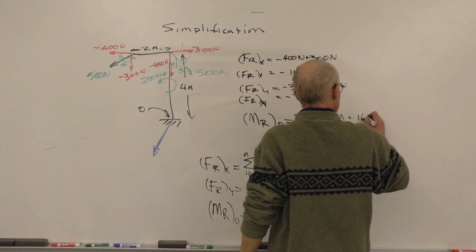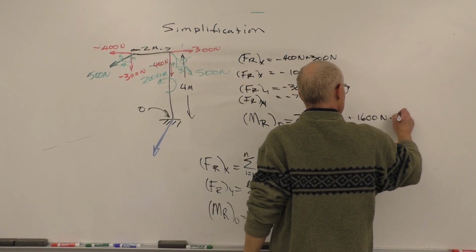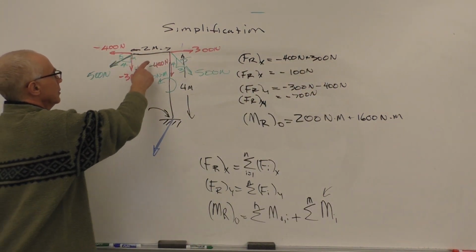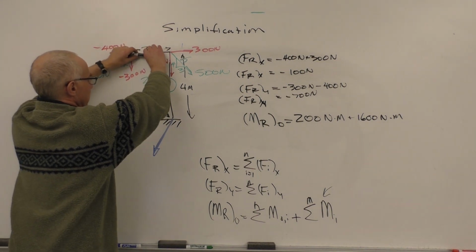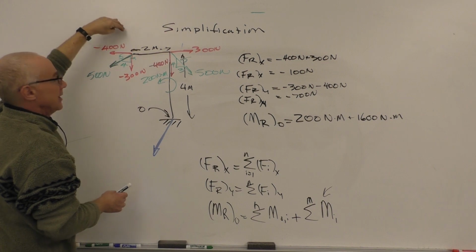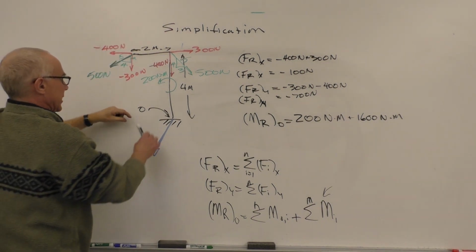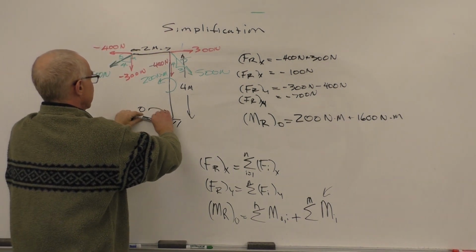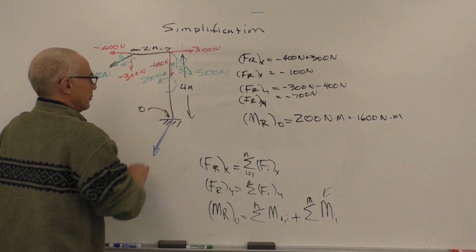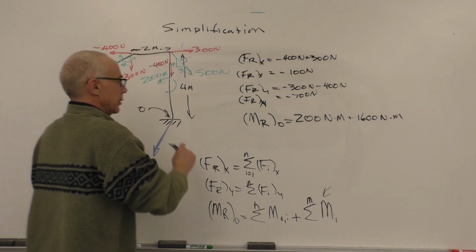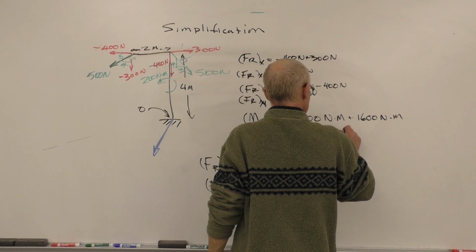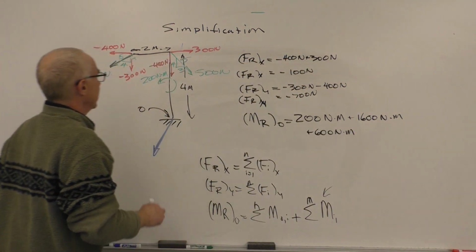Plus 1600 Newton meters. How about this one? 300 down. And its moment arm is going to be, think of the line of action. The line of action of the force goes up and down here. Here's our moment arm, 2 meters from here to here. And 300 down will be 600. And it's counterclockwise. So we're going to add 600 Newton meters. And lastly, well, there's 2 more.